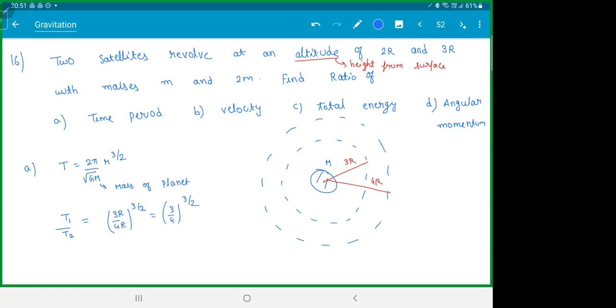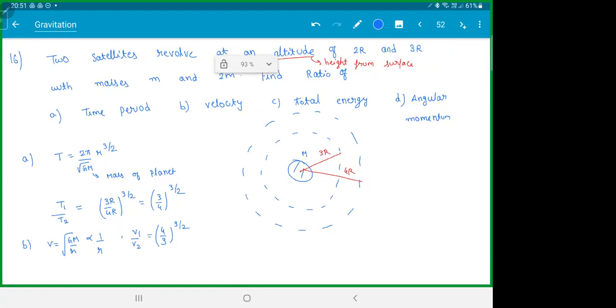That's your time period. Velocity is root GM by r. V is proportional to 1 by root r. So V1 by V2 will be 4 by 3 whole to the power of 1 by 2. Third is energy. Energy is minus GMm by 2 times small r.